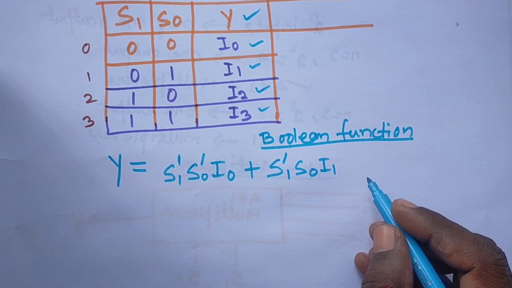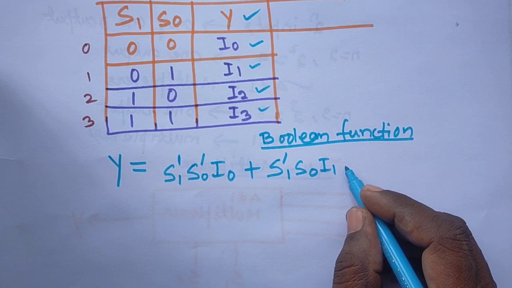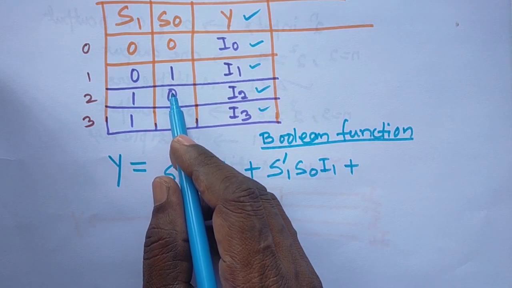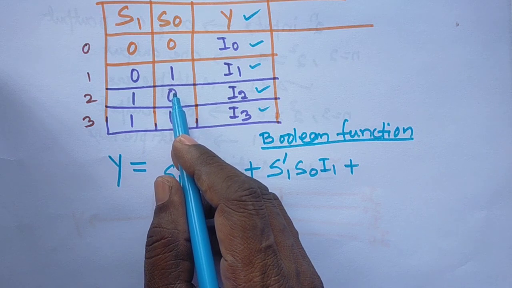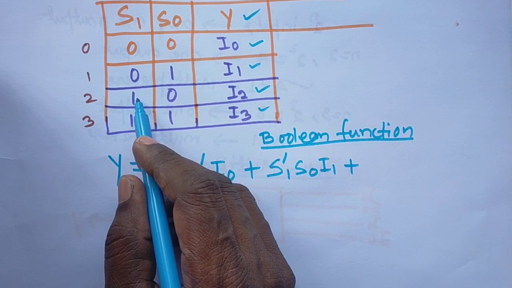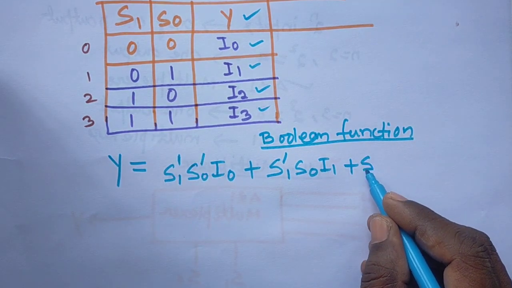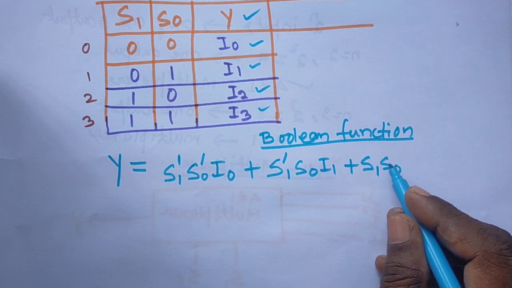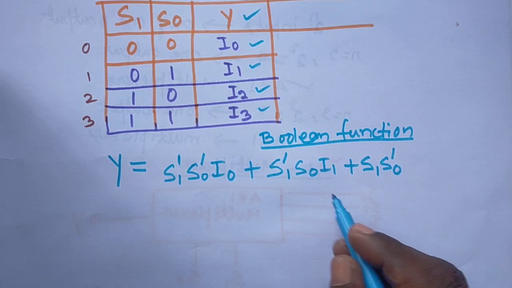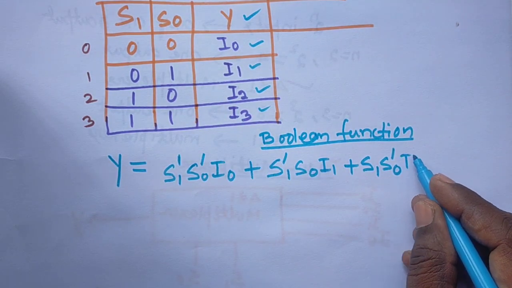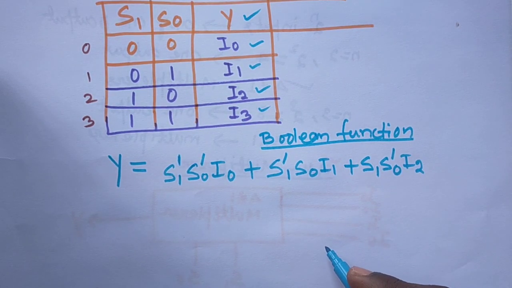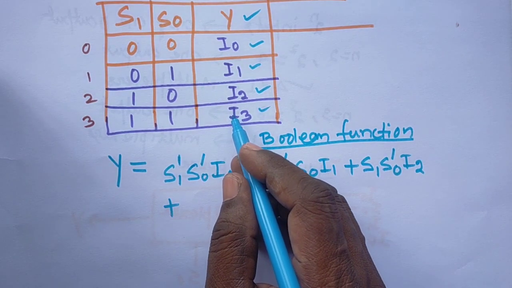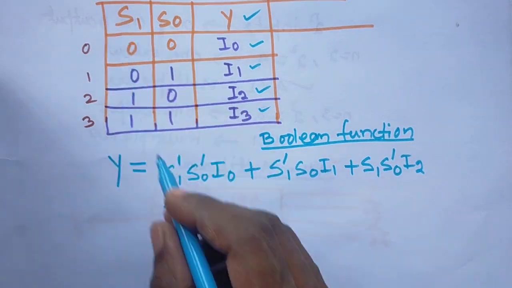Another one: here S0 is 0, meaning S0 is complemented, and S1 is 1, not complemented. So we write S1 without complement, and S0 complemented, and here is I2. Plus, here is the third: S0 is 1, S1 is 1.